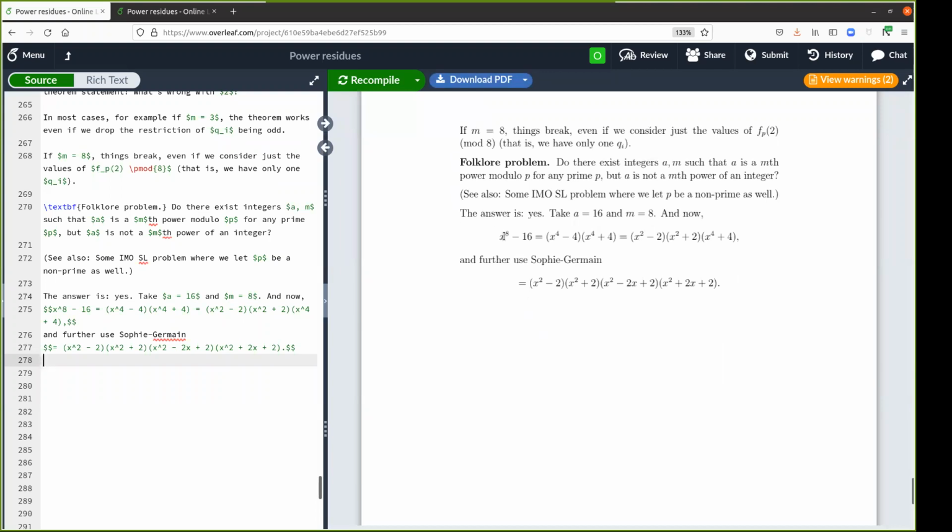So we take the polynomial x to the 8 minus 16 and try to prove that this has a 0 modulo p for any p. So we factorize the polynomial. First we have the obvious difference of squares, which we apply twice, and then we also use the Sophie Germain identity.